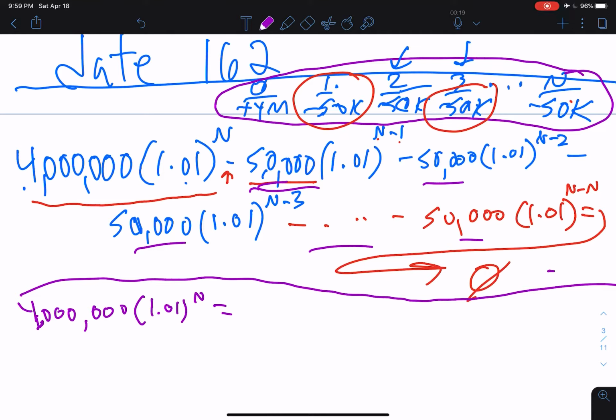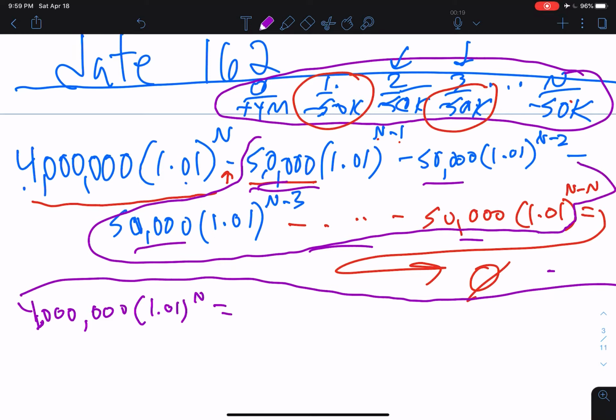And so they become positive. But I'm also going to do some factoring. There's one term common to all those terms, and it's 50,000. So I'm going to factor out 50,000, and then I'm going to put in the square brackets the terms that were multiplied by the 50,000s.